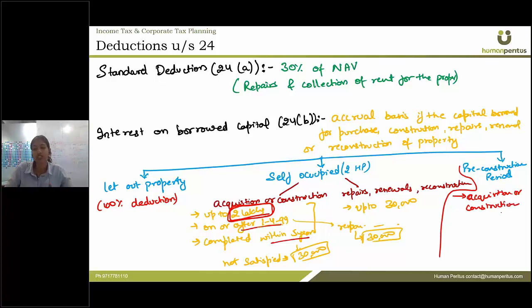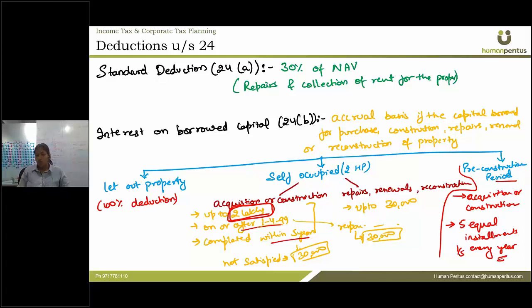If it was for repairs, renewals, reconstruction, then we do not claim the deduction. If it was for pre-construction period, that is before construction started, and it was for acquisition or construction of the property, in that case also he can claim 100% deduction in 5 equal installments. Okay, or you can say 1/5 every year for 5 consecutive years. In 5 equal installments, the person can claim the deduction on interest on borrowed capital.